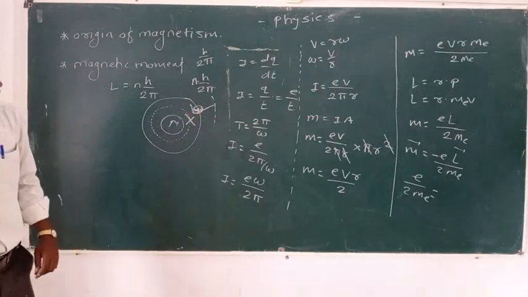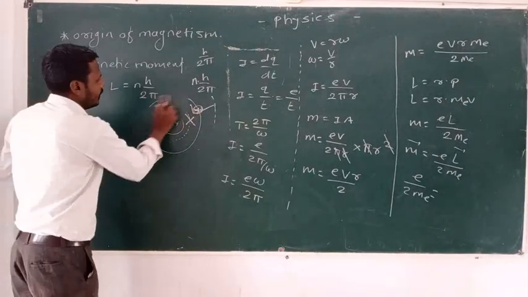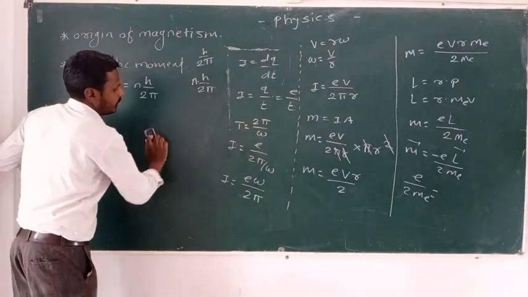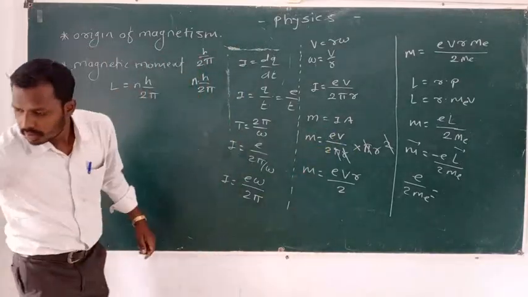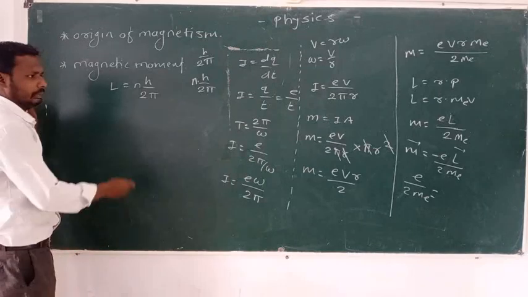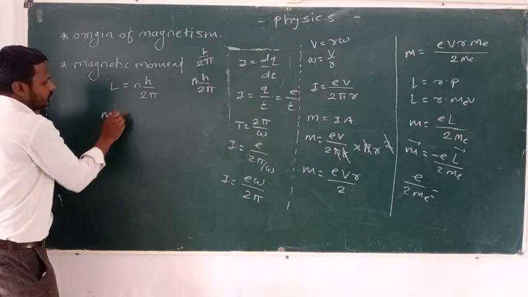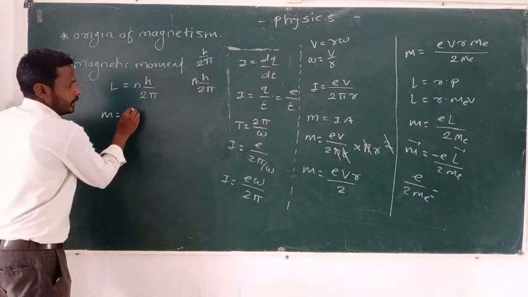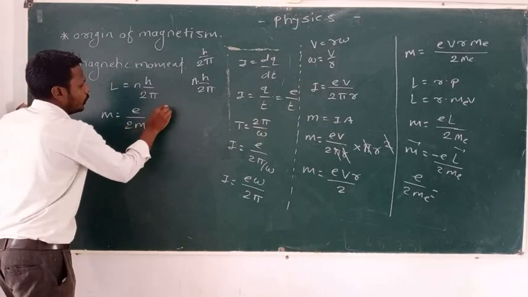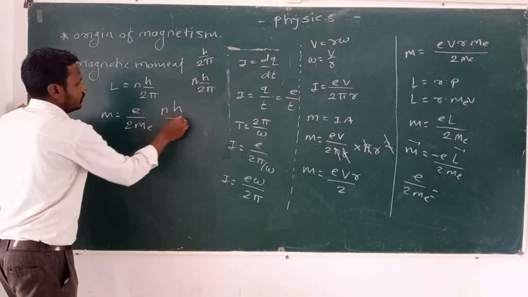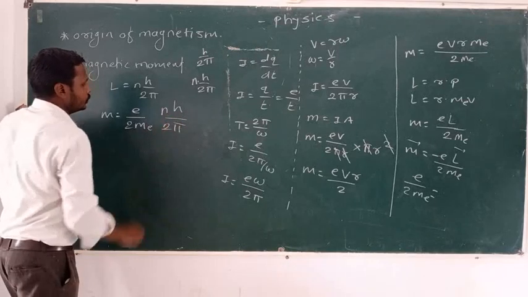Now putting this value of L in this equation, we can write M is equal to E divided by twice me into n h divided by 2 pi.